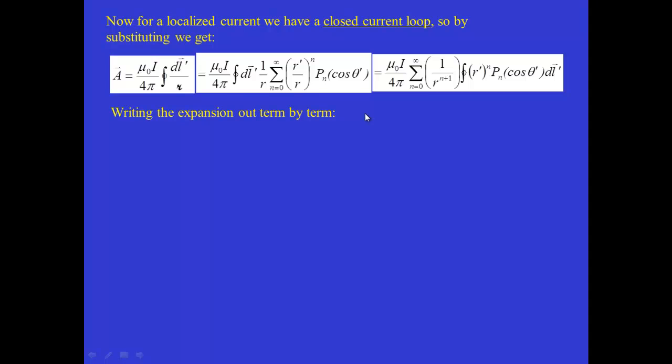Now let's write this expression out term by term because it's revealing. We can see the different terms and identify them one at a time. The mu naught I over 4 pi gives us, for the n equals 0 term, a 1 over r, and the only thing left in the integrand is the vector dl prime. Integrating around a closed loop, this differential vector takes us from the beginning of the loop all the way around to the end. Remember, this is a vector sum.